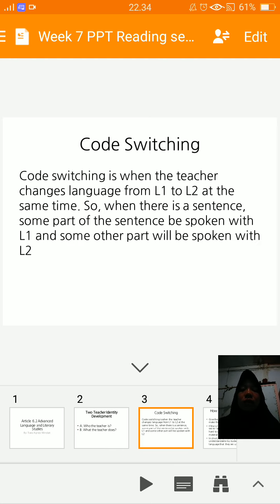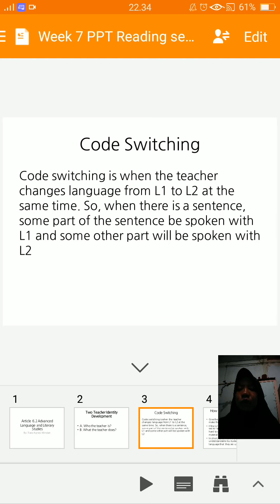And when we are a teacher, sometimes we use a method called code switching. Code switching is when we, as the teacher, change the language from one language to another language.